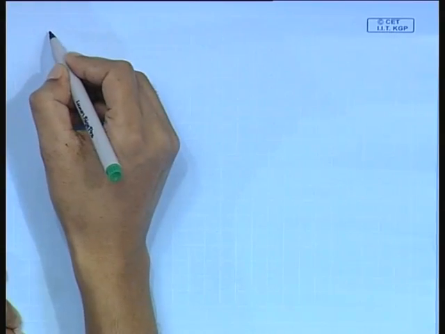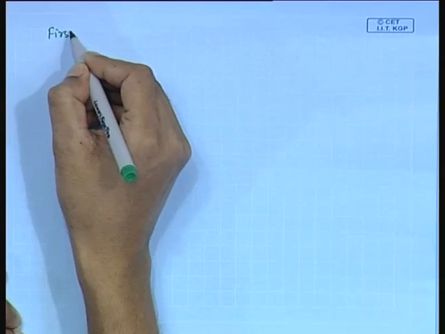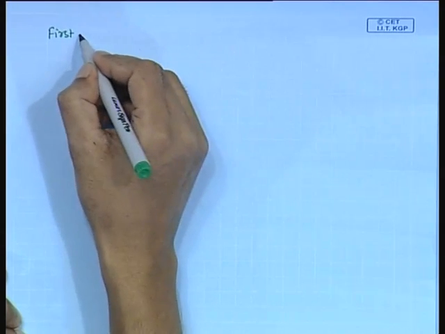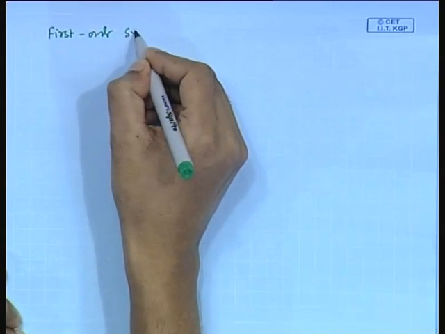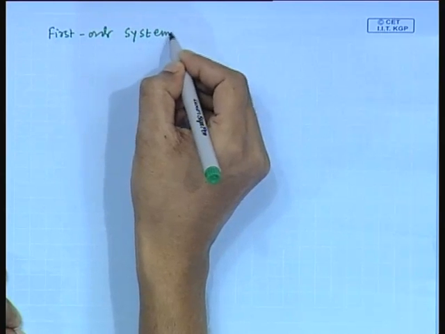So, we will take one example to discuss the frequency response analysis. We will consider a first order process, a first order system.